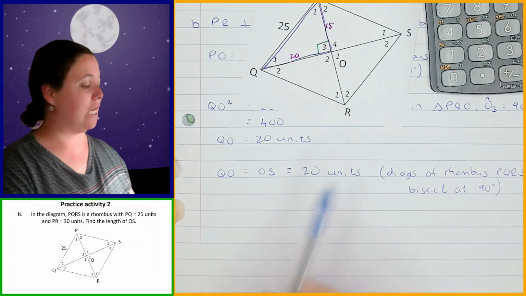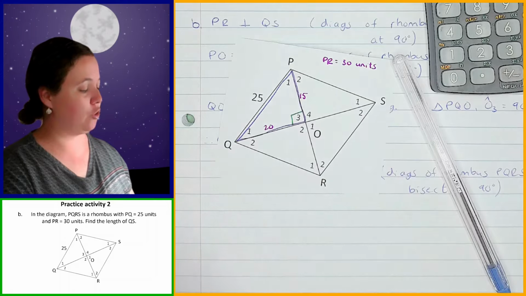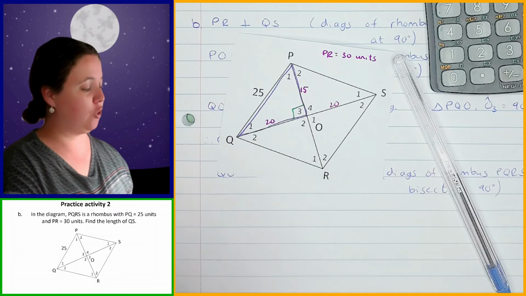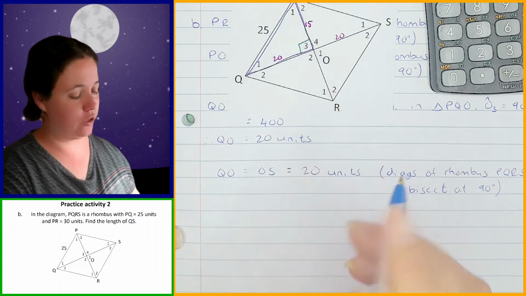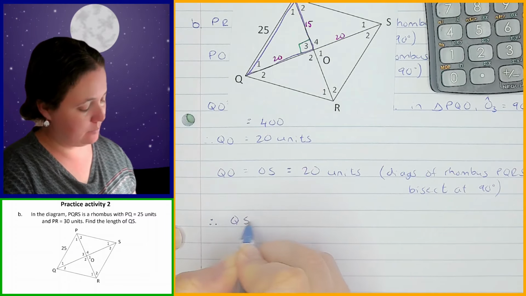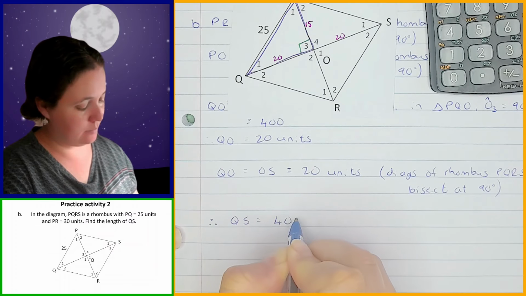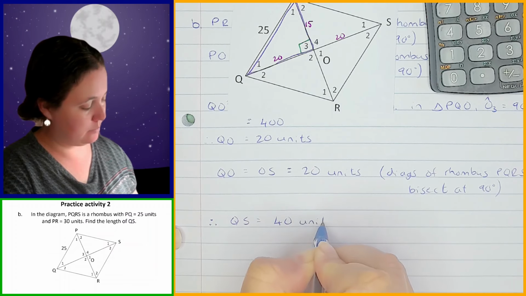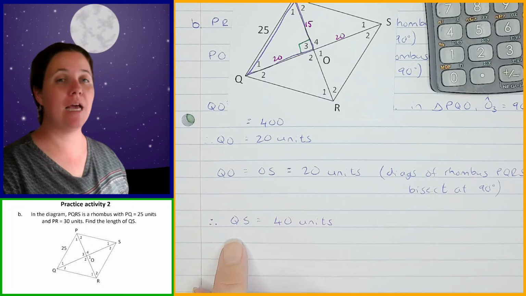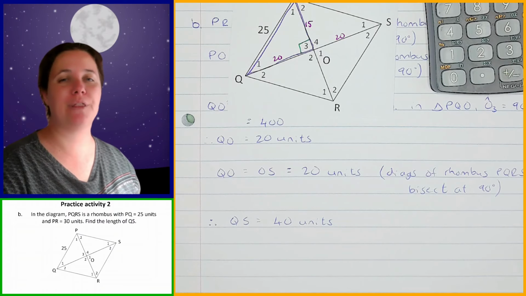So now I know that this is also 20. If both of these are 20, it means that QS has to be 40 units. So that's what we should have got for question B, that QS is 40 units. And that's how I use the Pythagorean theorem.